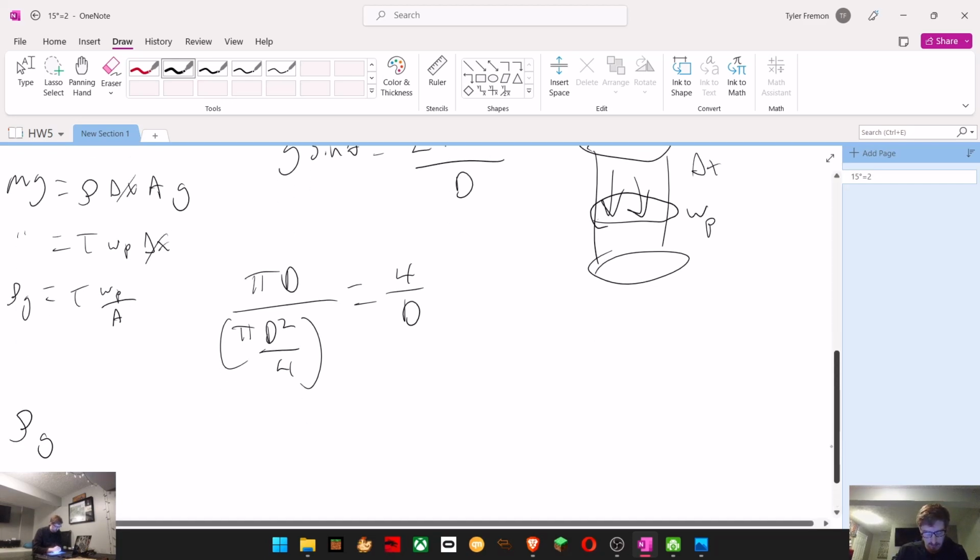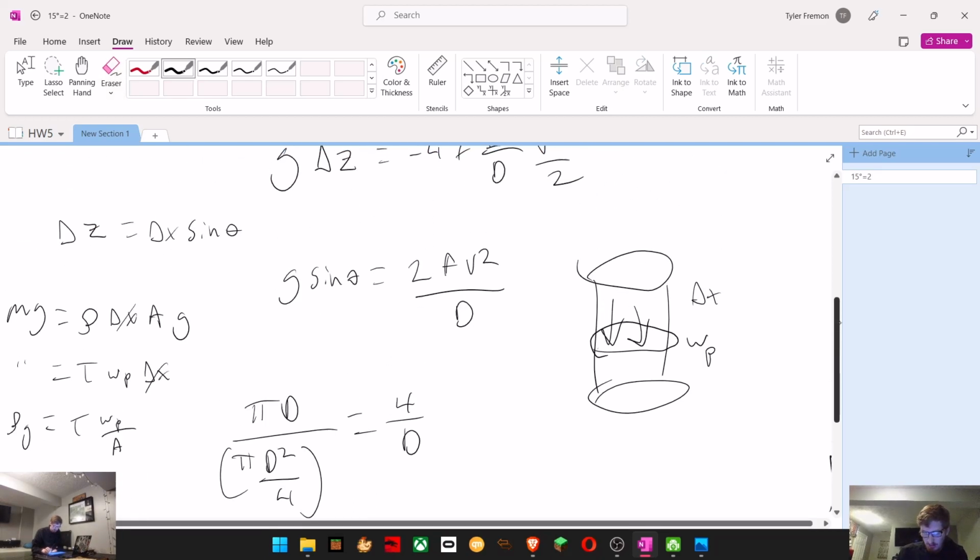We have rho g equal to tau times 4 over d. If we divide across by rho, our density, we're just left with g equals tau over 4 d rho.